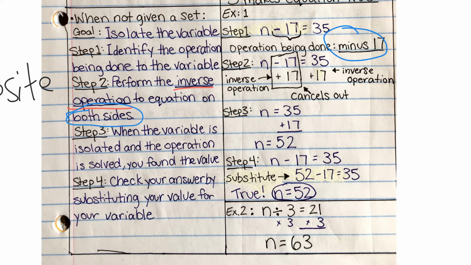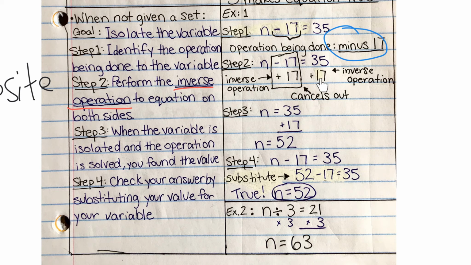If we do it on both sides, it keeps the equation balanced. If we don't do it on both sides, it gets out of balance and none of it makes sense. Okay, so we do the plus 17 on this left side. Minus 17 plus 17 cancels itself out, so there's nothing there anymore. And we perform this inverse operation on the other side too to keep the equation balanced.